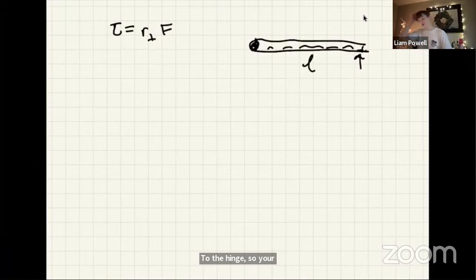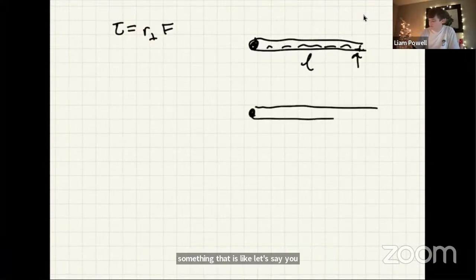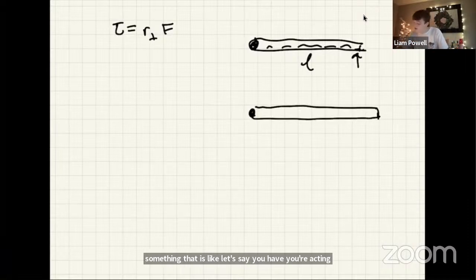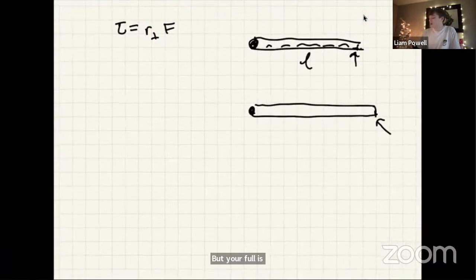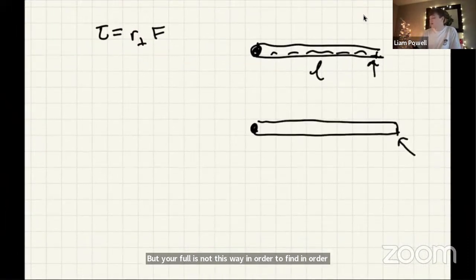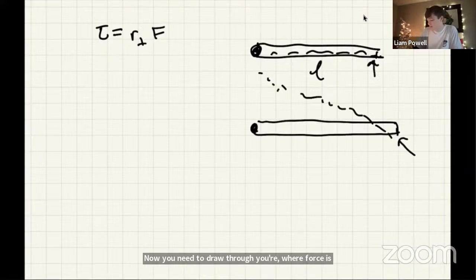However, if you're acting on that same door but your force is now this way, in order to connect to the door you need to draw through where your force is headed and connect it perpendicularly to the hinge. So your lever arm would be smaller now.